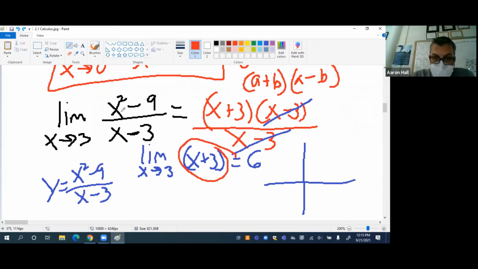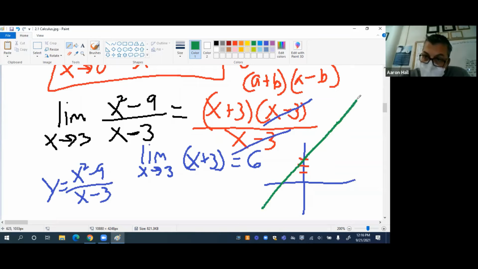I graph this. It's linear. So yeah, 1, 2, 3. And then a slope of what? 1. So y equals mx plus b, a slope of 1. And so it should look more or less something like this.